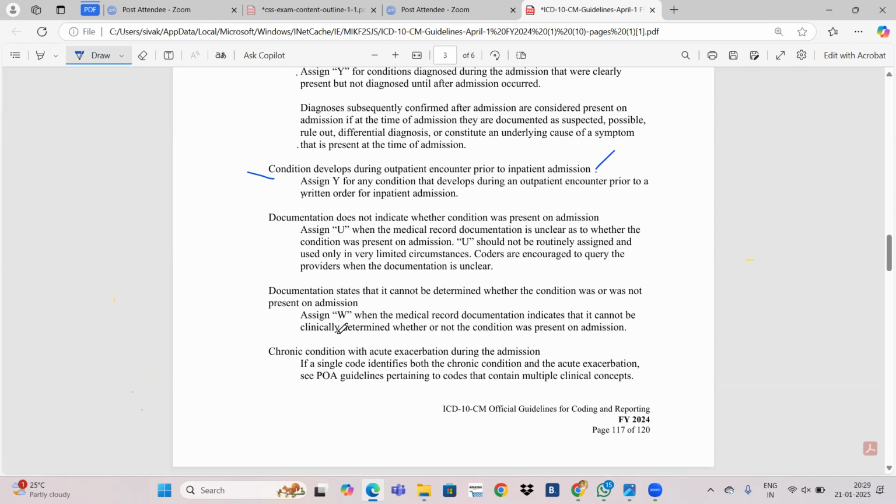Before that, even though you are in the hospital, you are still considered an outpatient. Condition develops during an outpatient encounter means until you get the inpatient admission, you are considered an outpatient. In this type, if any condition develops in the patient, you need to assign Y indicator for that condition.